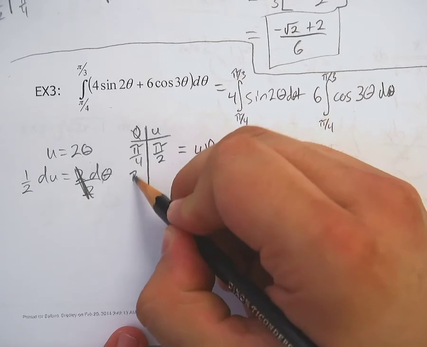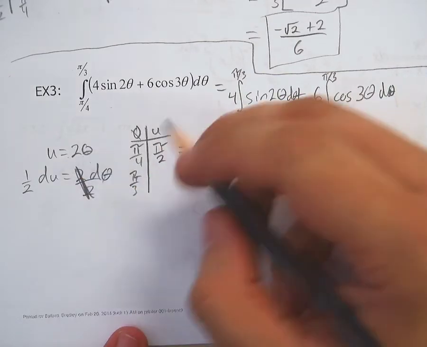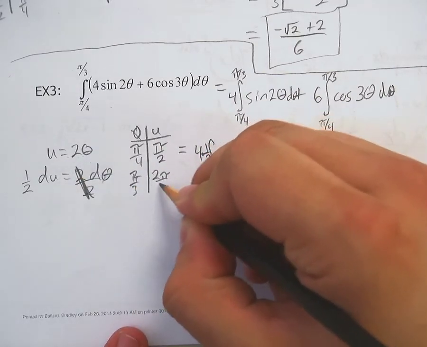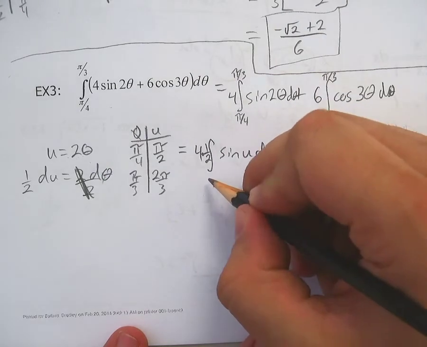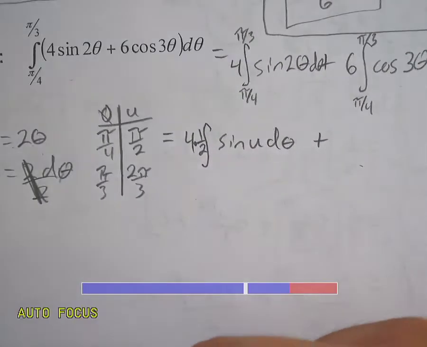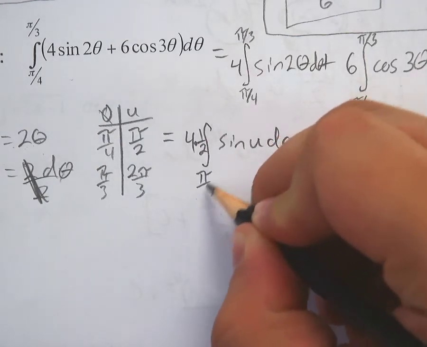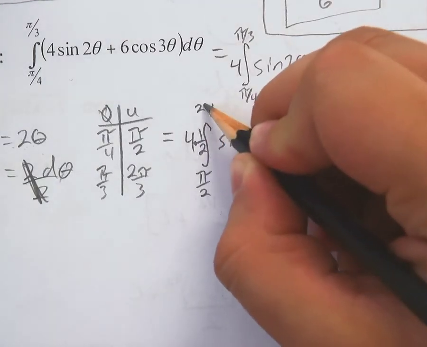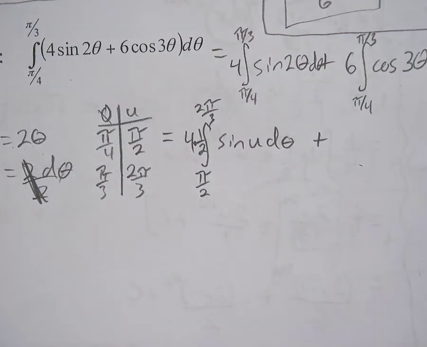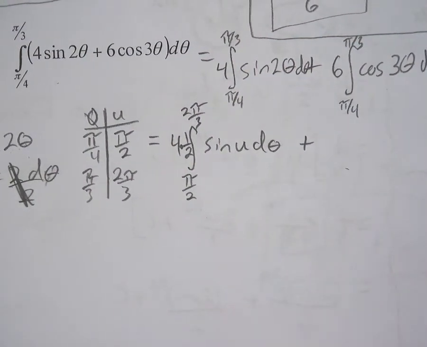And then plug in a pi over 3, and you get 2 pi over 3. So I'm going to add those new limits of integration. Let me zoom in so you can kind of see what I'm doing here. So this is pi over 2 to 2 pi over 3. Plus, now I'm going to go over here to this side.